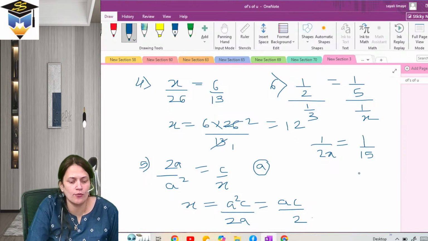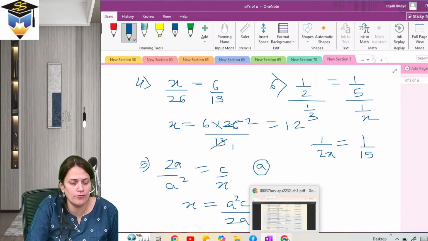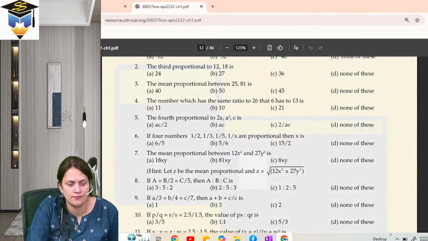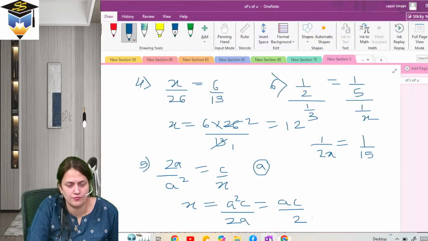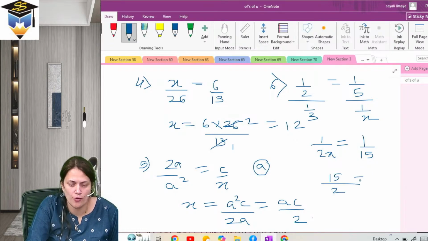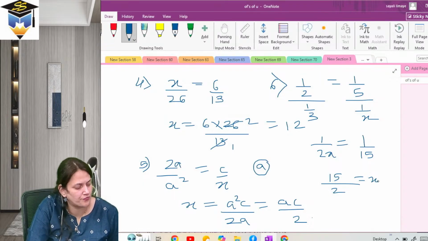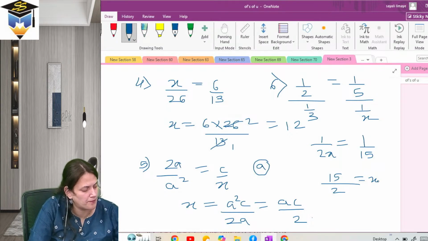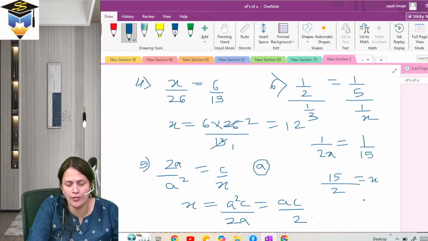So 2x is equal to 15. So x will be equal to 15 upon 2. Which is the correct option? Option C. Correct. Answer is 15 by 2, option C for question number 6.